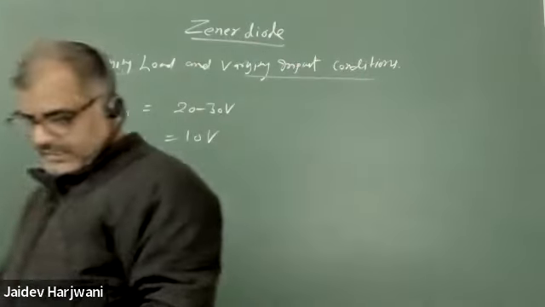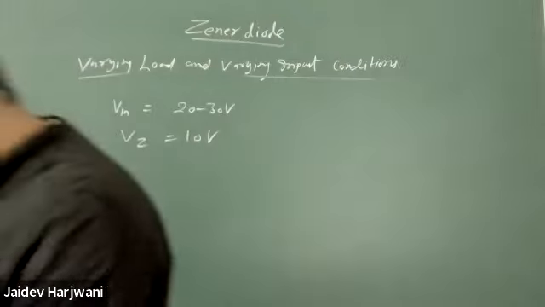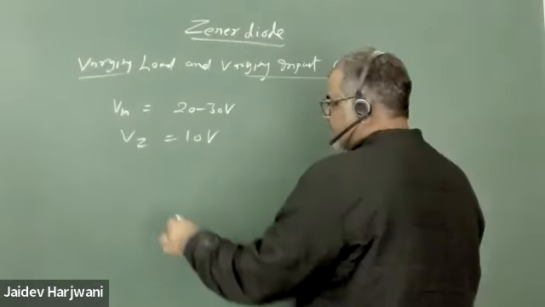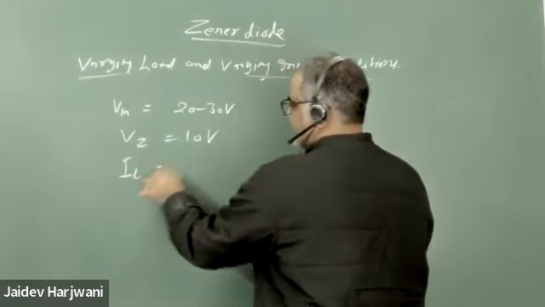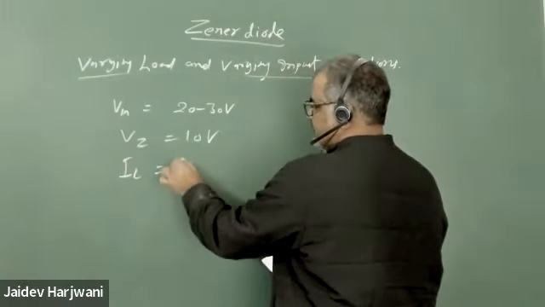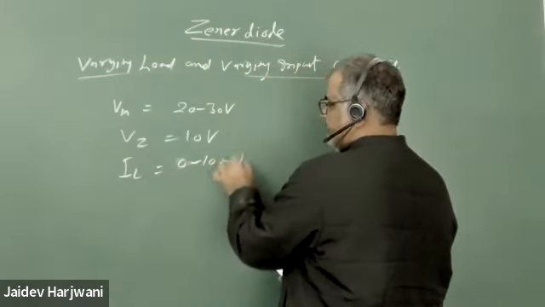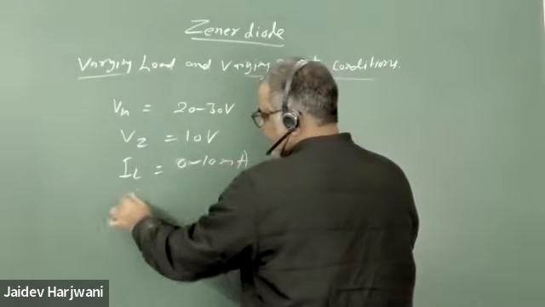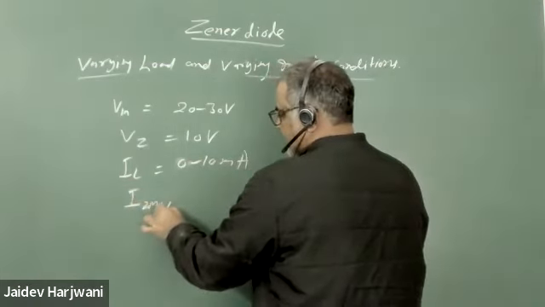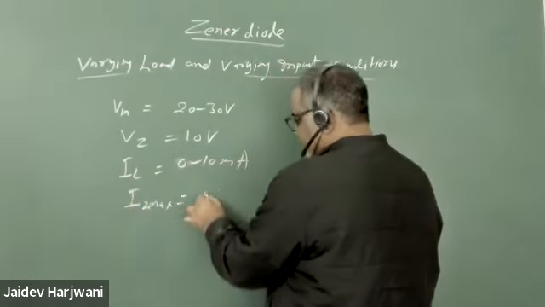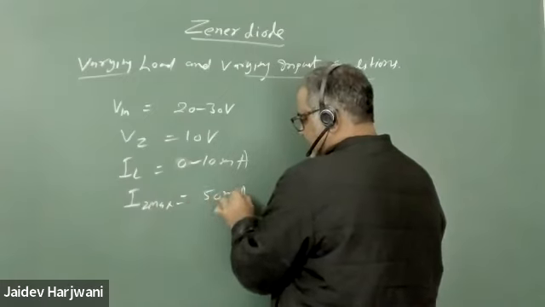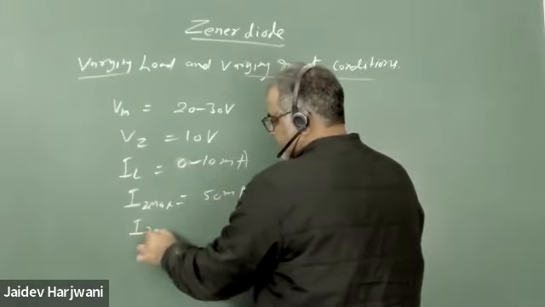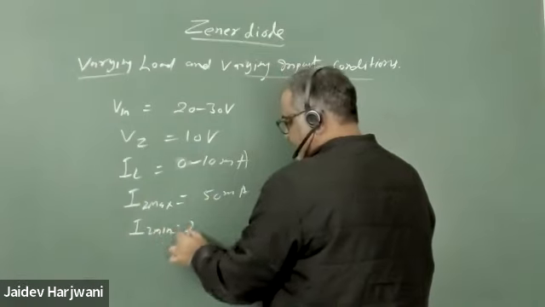Take your load current IL, which changes from 0 to 10 milliampere, and this time I'm giving you the IZ max value, which is 50 milliampere, and the IZ minimum value is 2 milliampere.